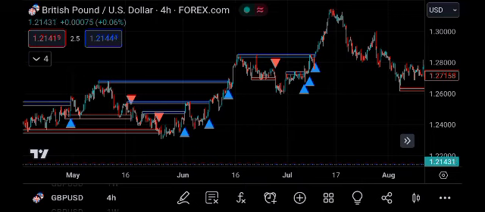Thus, for every impulsive move, there will be a corrective one.